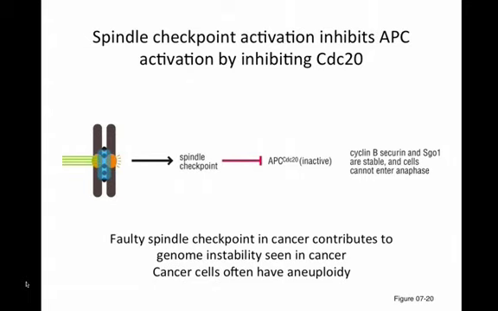And normally, you get activation of APC by M-CDK. And that degrades all this, and then you get chromosome segregation. But if things aren't attached properly, which is what you see here, your mitotic spindle is only attaching to one side, then CDC20 is inhibited, which, remember, CDC20 activates APC, and APC is the ubiquitin ligase that ubiquitinates and degrades all these things.